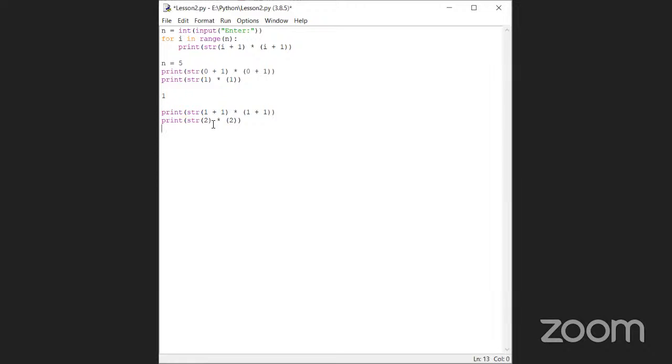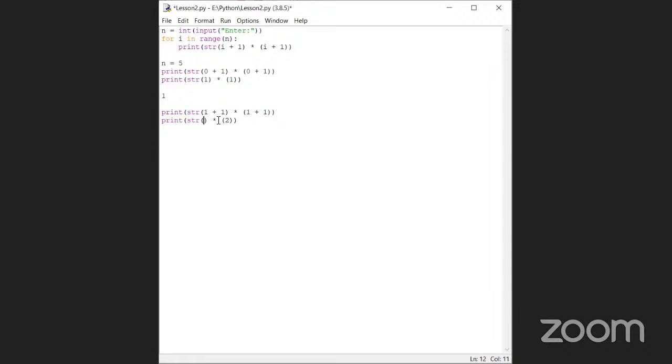So now this 2 will be concatenated twice. So the next line of output would be 2 and 2, because 2 concatenated twice. If this was not 2 and this would instead be mom, what will happen is it will be mom and then mom. Mom is the string that you're concatenating, and this 2 right here is how many times you're concatenating. So it will be mom and mom.